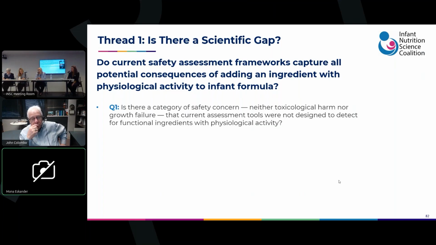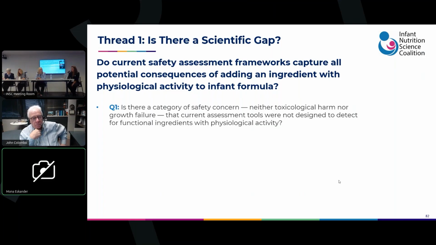For non-nutritive functional ingredients, regulators at Health Canada have emphasized suitability, meaning compatibility with normal growth, metabolic stability, and immune maturation, rather than relying solely on absence of toxicity.